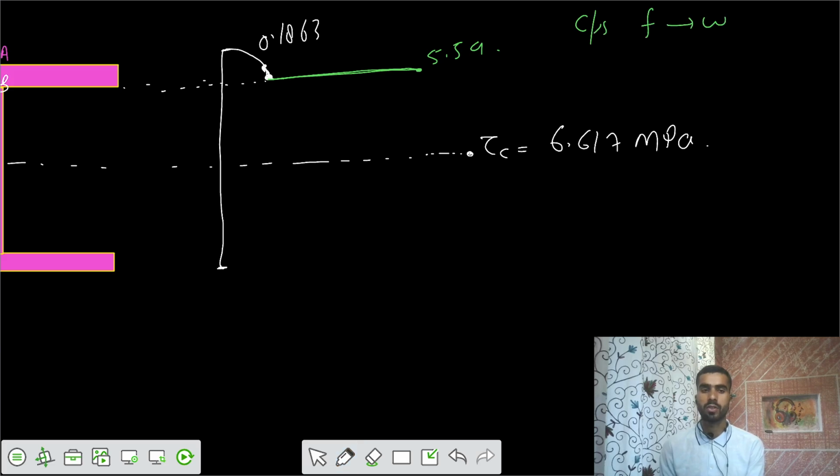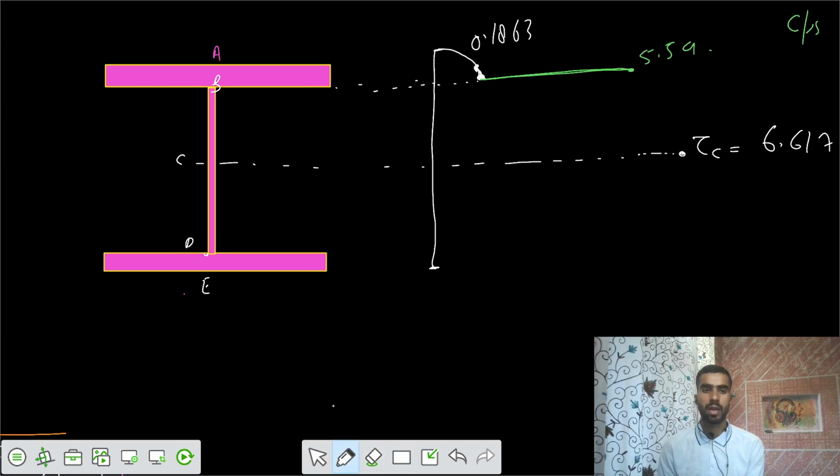Your cross section is reducing, which means stresses increase suddenly because your width changes suddenly. Your tau is inversely proportional to width B. So when B decreases, shear stresses increase.